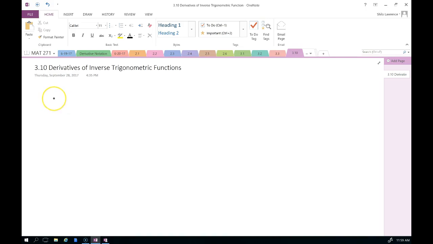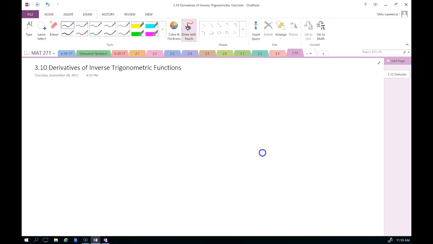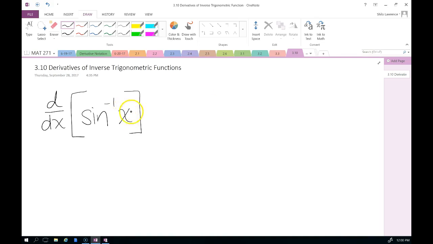So here in this example, what I want to show you first is how we can come up with the derivative for inverse sine of x. Now, from trigonometry, inverse sine means that I know the sine value and I want to figure out the angle that has that sine value.